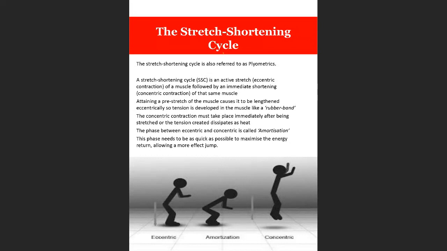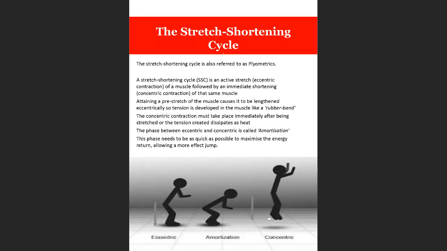So what we've got is this eccentric contraction followed by this period of amortization, then into a concentric movement as well. So we drop down, we try and make the amortization phase as short as possible, and then we can do this.